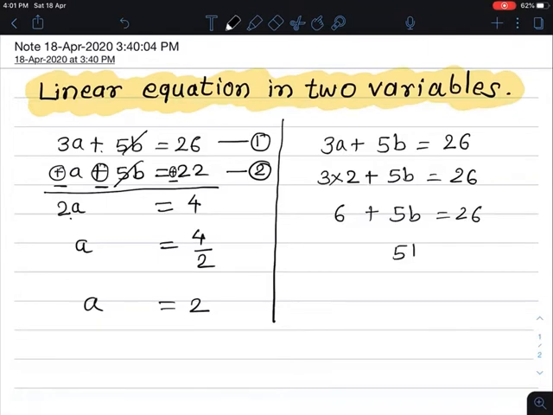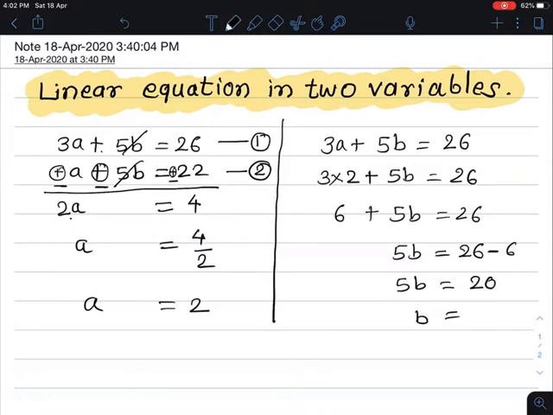Now we can find the value of 5b first. So 26, and this plus 6 we have to transfer to this side, then it will become minus 6. So 5b is equal to 20. To find the value of b, you have to send this 5 for division, or divide both sides by 5.